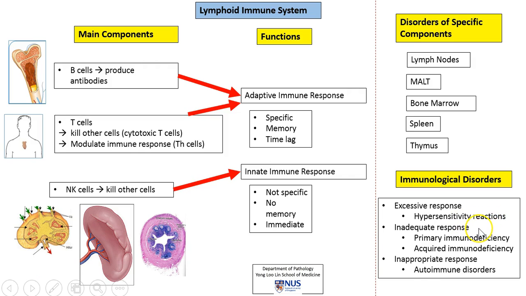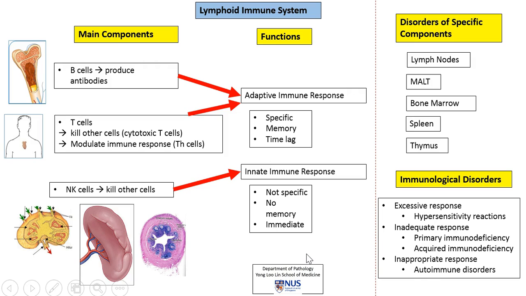There can be an inadequate response, and this can be either primary, for example, SCID, severe combined immunodeficiency, or acquired immunodeficiency, which can be due to drugs such as steroids, chemotherapy, or even, very importantly, viral agents such as human immunodeficiency virus. And in addition, sometimes there can be an inappropriate immune response, and this is seen in a spectrum of autoimmune disorders such as SLE or rheumatoid arthritis.